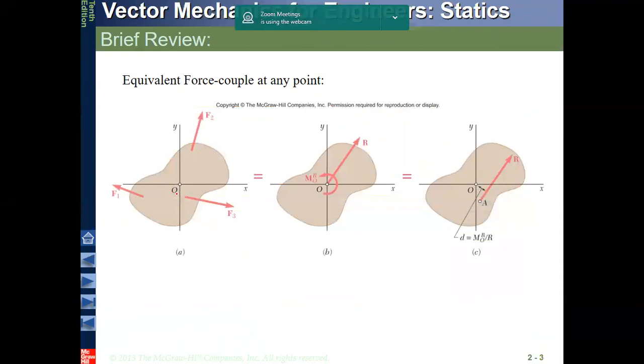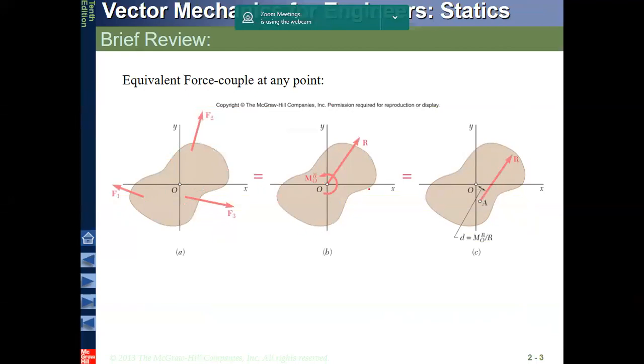So if we have a rigid body with three forces or any number of forces, then you can make an equivalent system so that the effect of these forces on the rigid body would be similar in both systems.